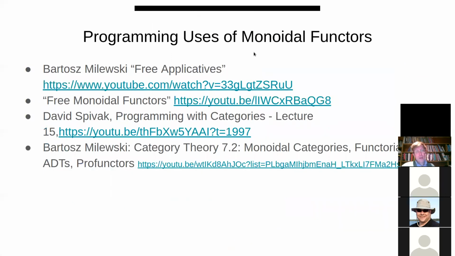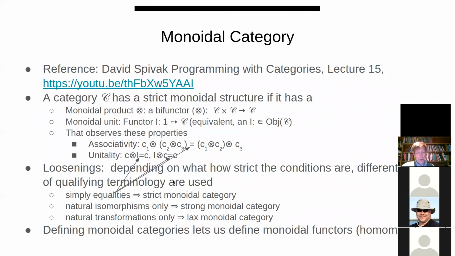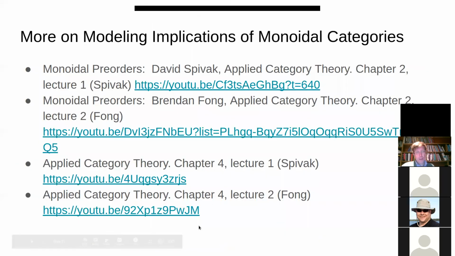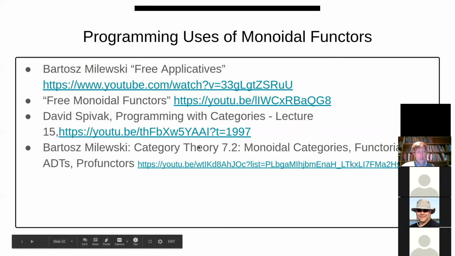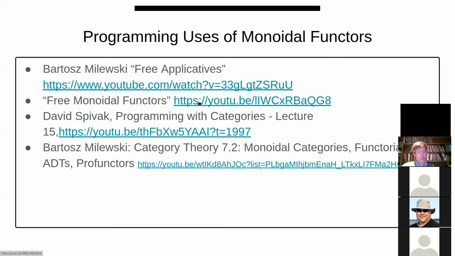If you want to see how this ramifies for functional programming, you can watch these videos on free applicatives and free monoidal functors, and this programming with categories lecture also speaks about this, as does Bartosz's presentation here.